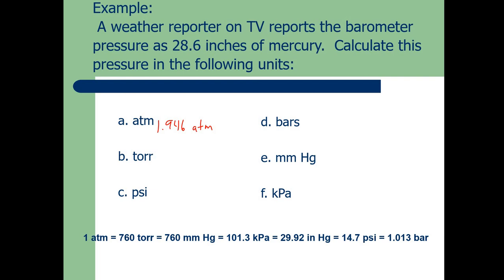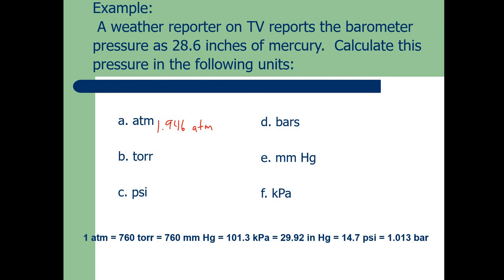Inches mercury. Oh, you have pounds. So is this not what we got, everybody? Wait, if you convert 28.6 inches of mercury to PSI, not the other way around. You're going inches to atmospheres, so make sure you put your inches in first.